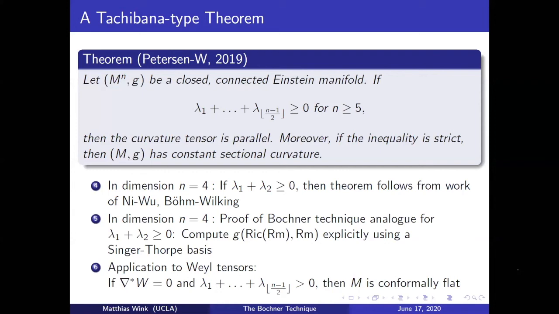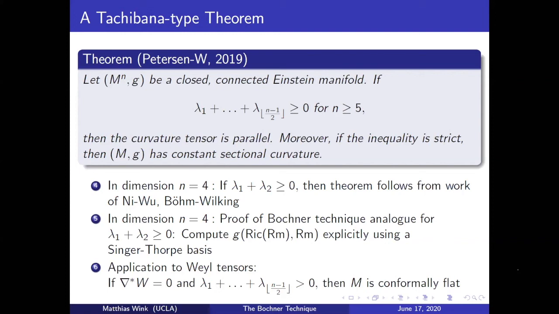So can we recover this theorem using the Bochner technique? Yes, we can, but we have to try a little harder. So in dimension n equal to 4, because we're sitting on an Einstein manifold, we can actually diagonalize the curvature operator in an explicit way. And the basis is essentially given by the basis for the curvature tensor of CP2.